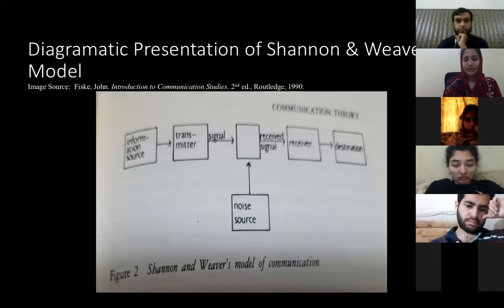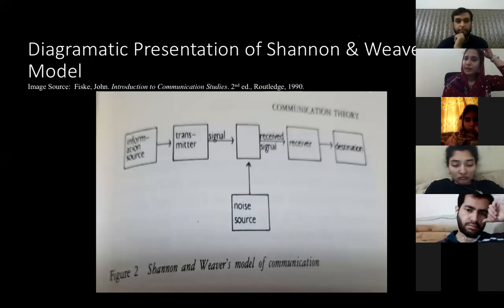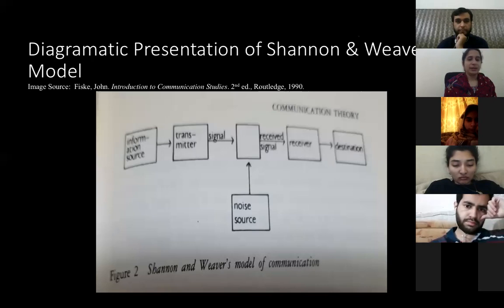However, like I said in the beginning, the availability of material and books is not a problem for you. It is my job. I will upload material on Moodle on a regular basis. See, I have also given the source of this image. The image was taken from this book.